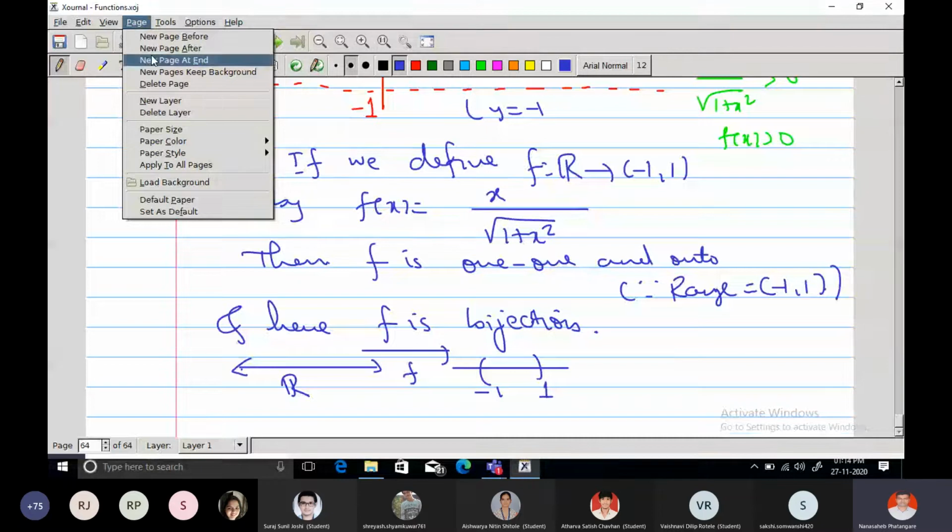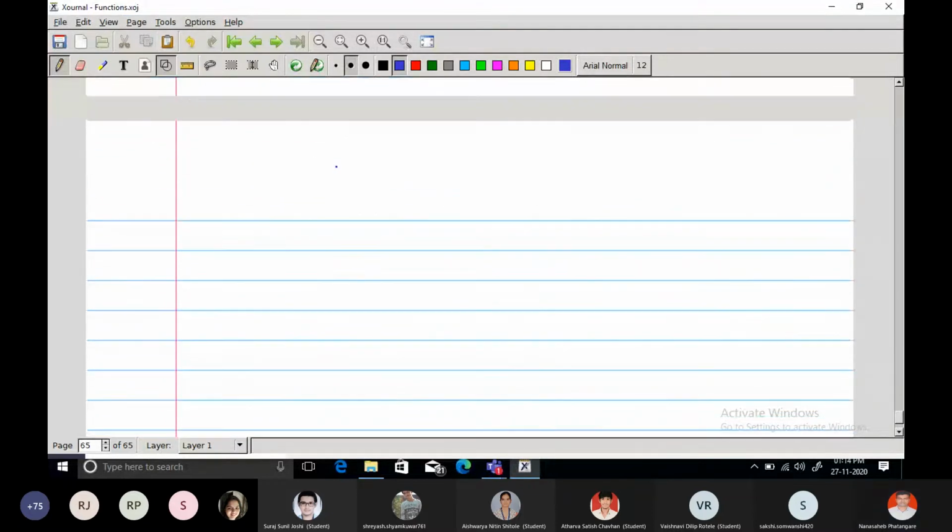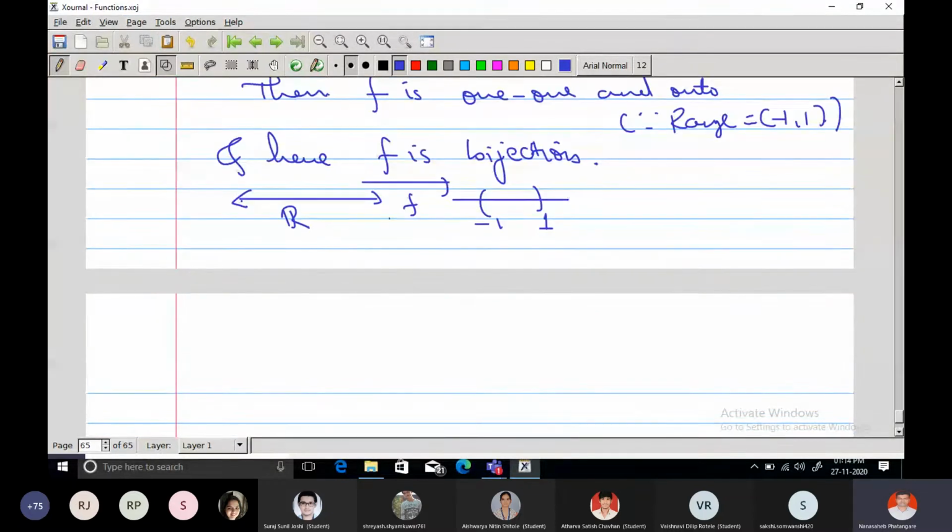Therefore, the cardinalities of R and -1 to 1 are the same. That means as many real numbers are on the line as there are points in this interval. So the real line and this interval are equivalent in some sense. Equivalent means the number of elements is the same.